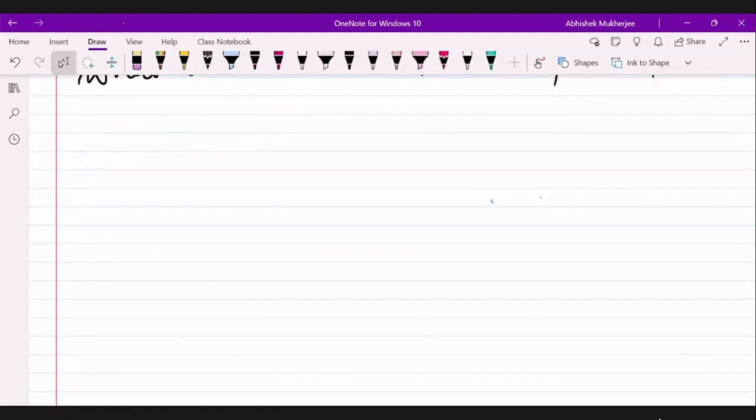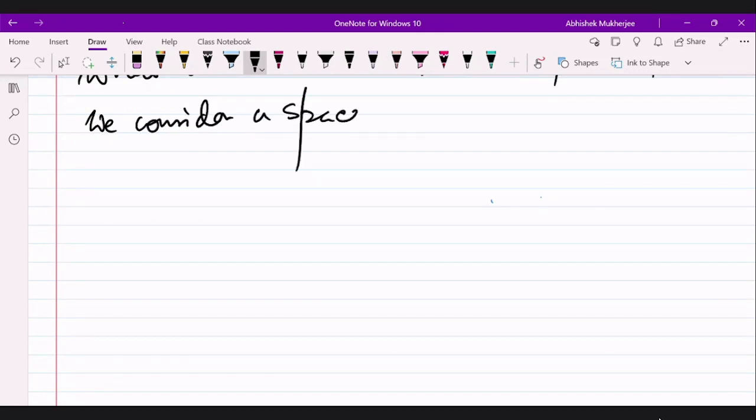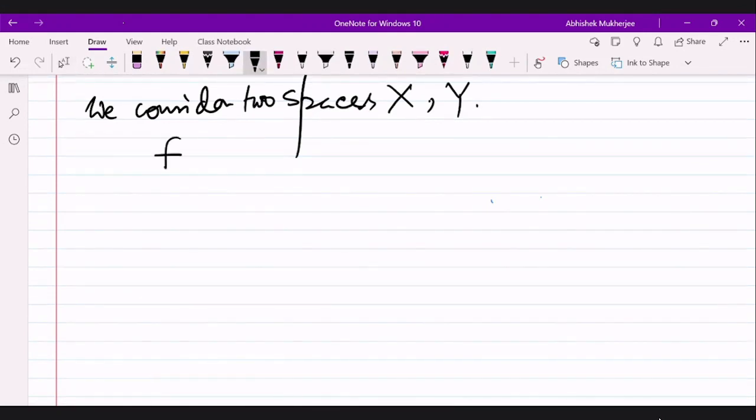So suppose we consider two spaces X and Y, and let us take two continuous maps F and G from X to Y. Okay.